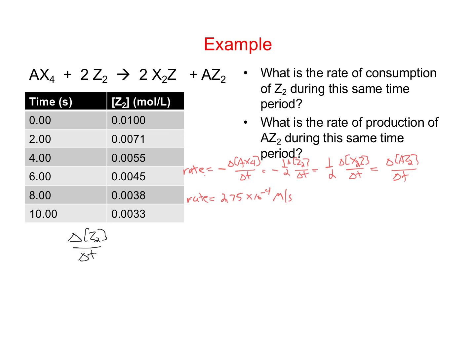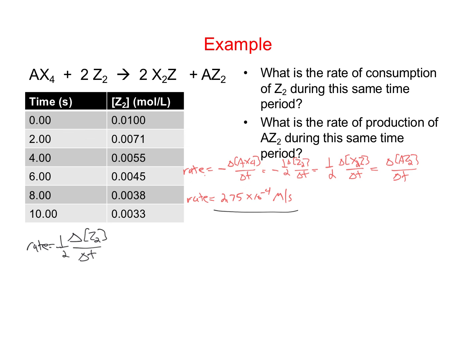And so we know that the rate is equal to minus 1/2 delta Z2 delta T. We know the rate, we determined that on the last slide, and so we're solving for this whole thing. This is essentially like our big complicated X. Just think of this whole thing as X when we want to know the rate of consumption of Z2.